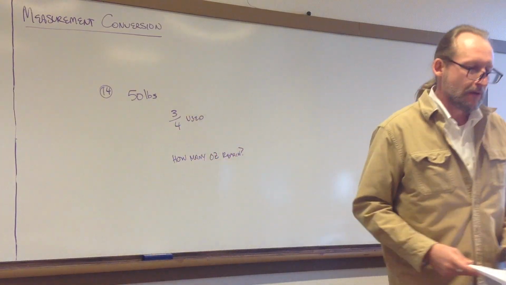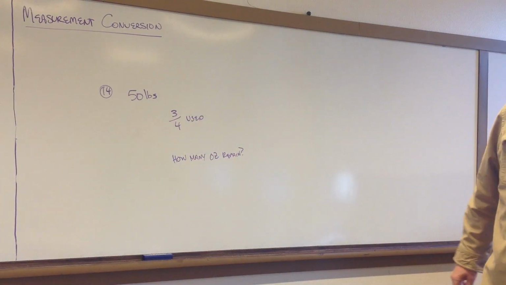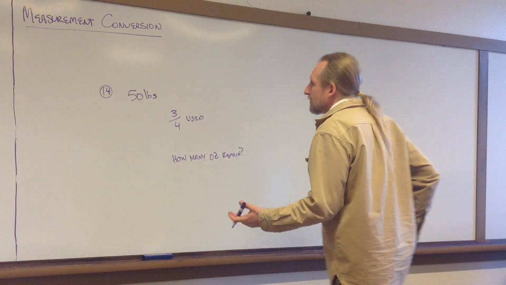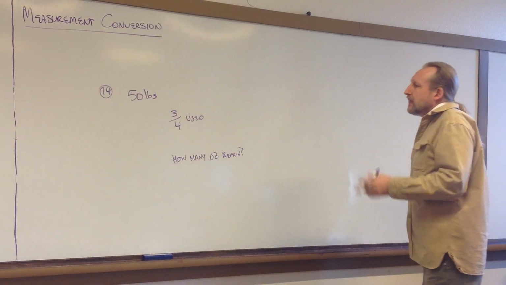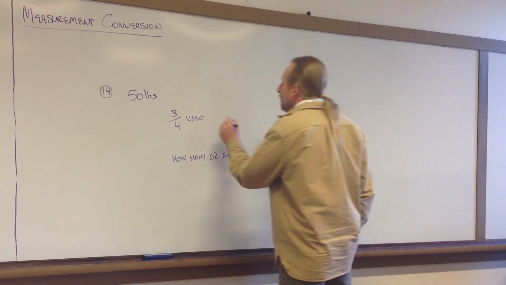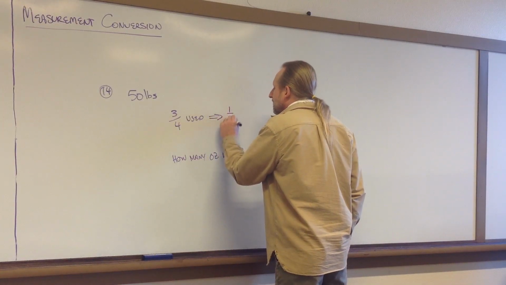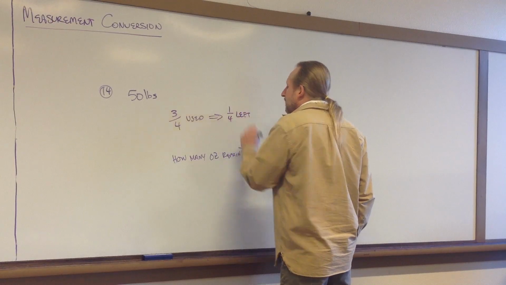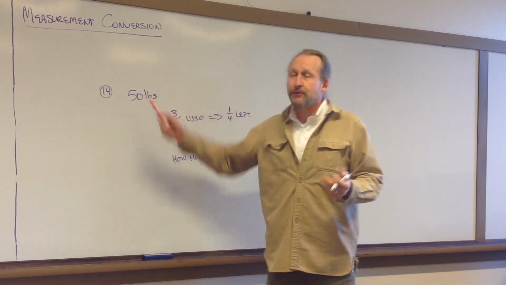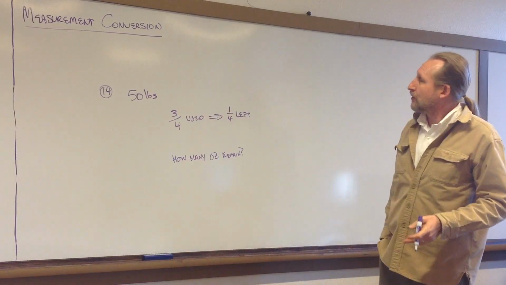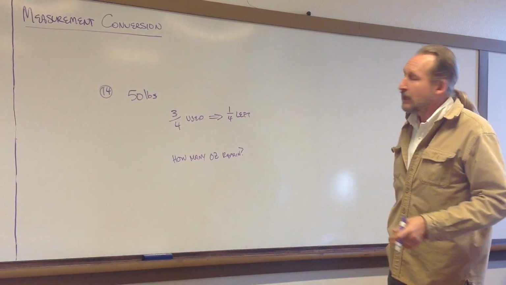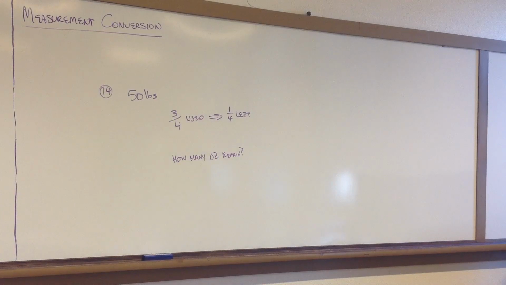Okay. So first off, we have to figure out how many pounds were there at the end of the week. So if 3/4 was used, that means there's 1/4 left. Now you can multiply 3/4 times 50 and subtract, or you can just multiply 50 times 1/4, and that should give us 12.5.